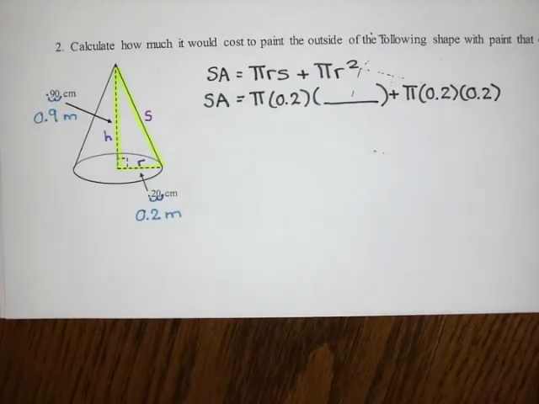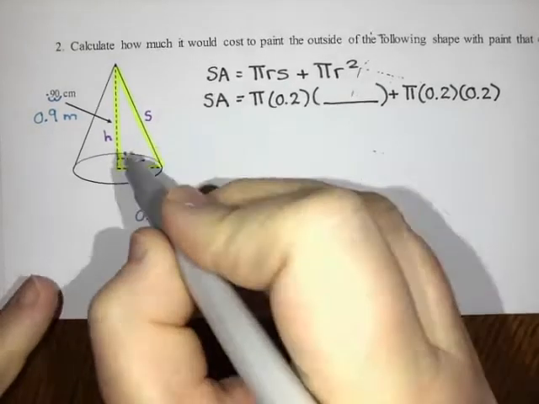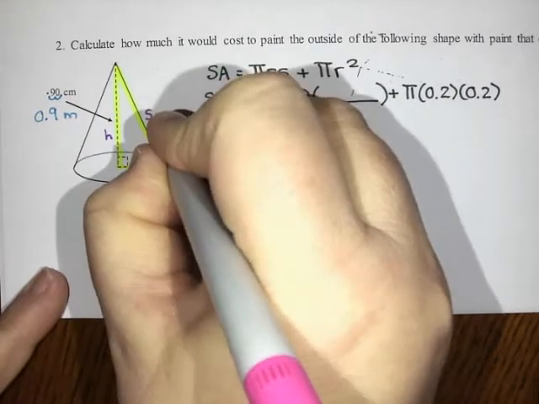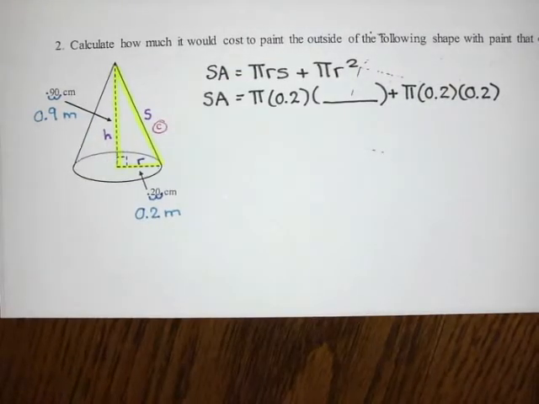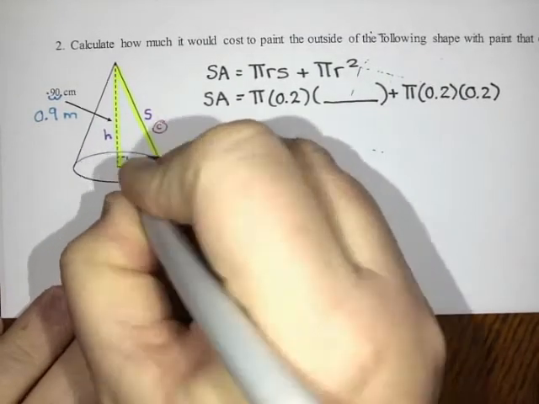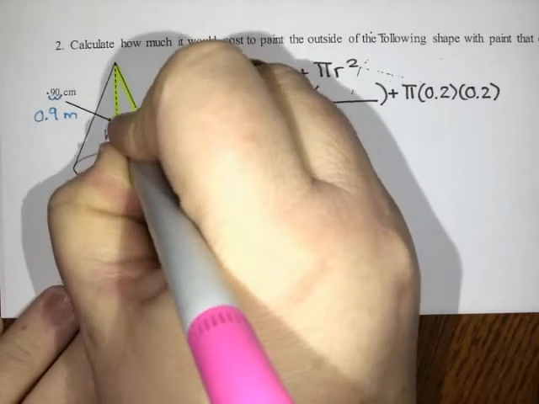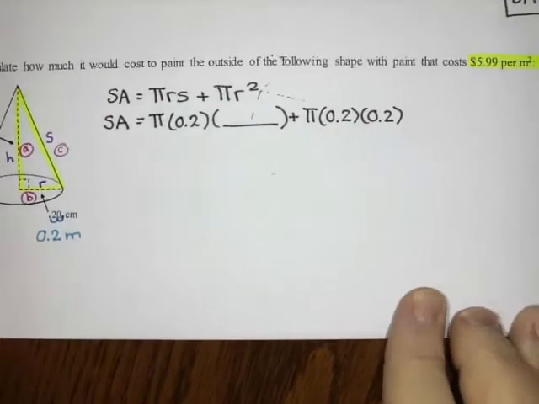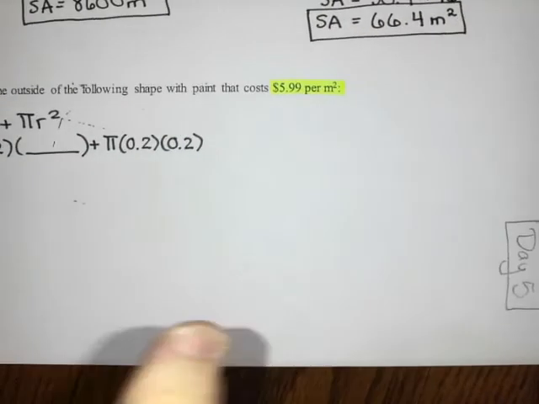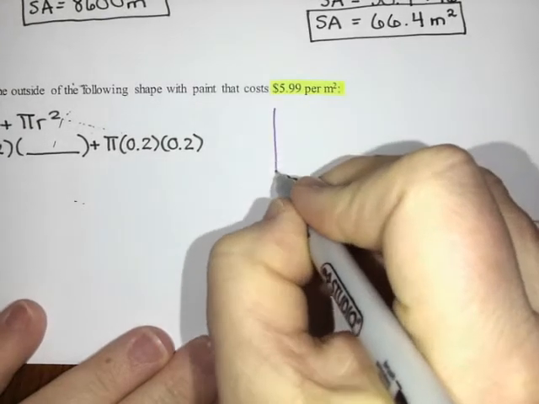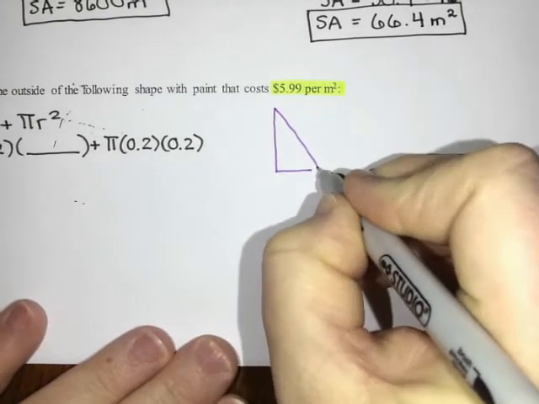If I label all of my sides, the one across from the right angle is always your hypotenuse, or your C. For the other two, it doesn't really matter which one's A and B. I like to put B on the bottom for the base, and then I'll put A as my height. The formula for Pythagorean theorem, I am going to do that way off to the side over here. And I think I might just redraw that triangle for me to look at.